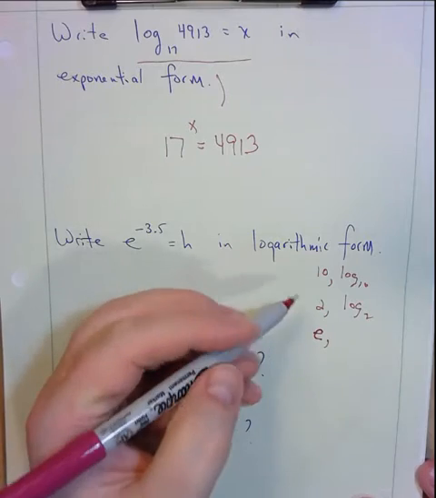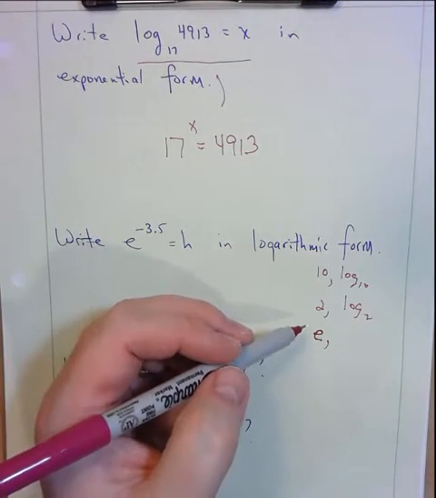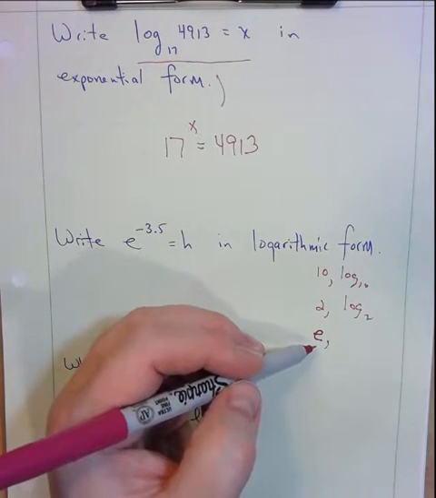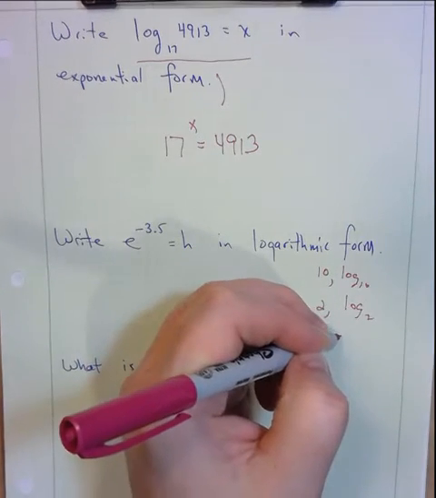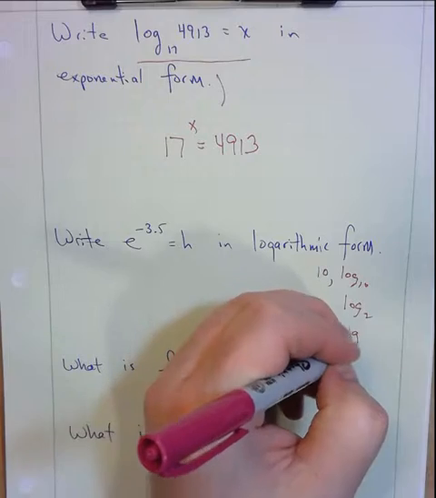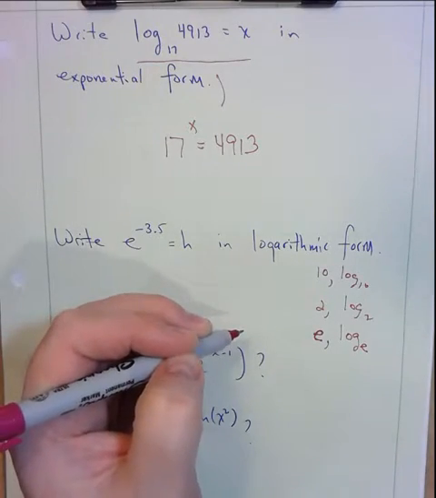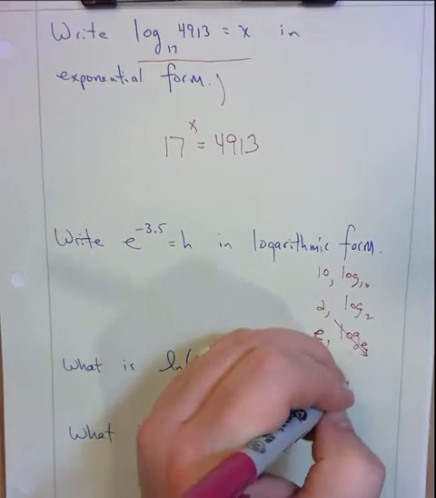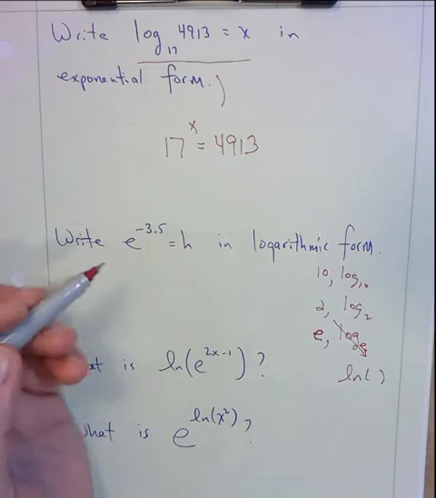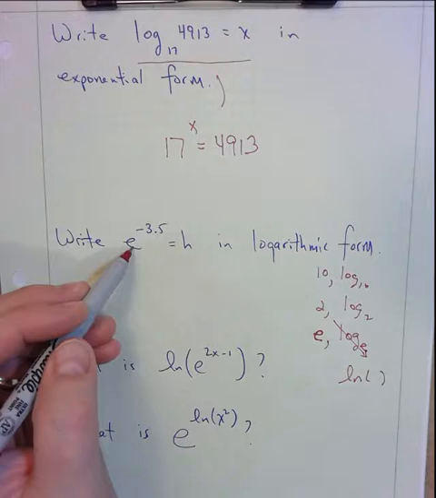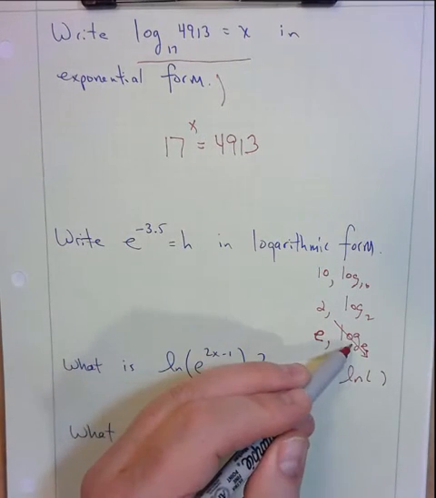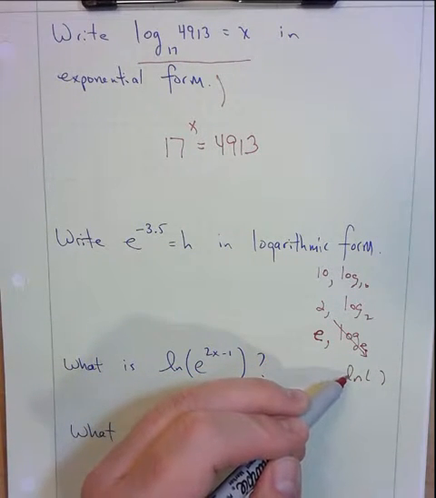It's one of those very special numbers like pi that shows up all over the place. It happens to be 2.718, blah, blah, blah. And its logarithm is called the natural log. It's log base e. And in fact, it's so special that we shorten it to ln for natural log. So e's partner logarithm is log base e, or more abbreviated natural log.